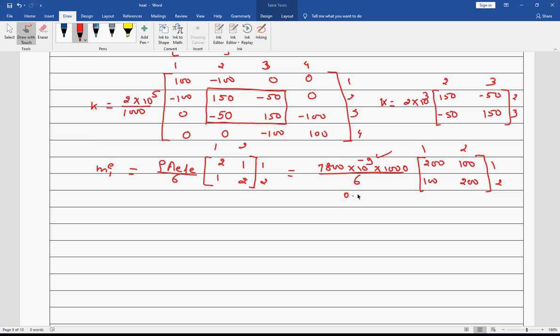So maybe you take more decimal places, because it is going to multiply with a larger number. So probably 13 point something into 10 to the power minus something like that.